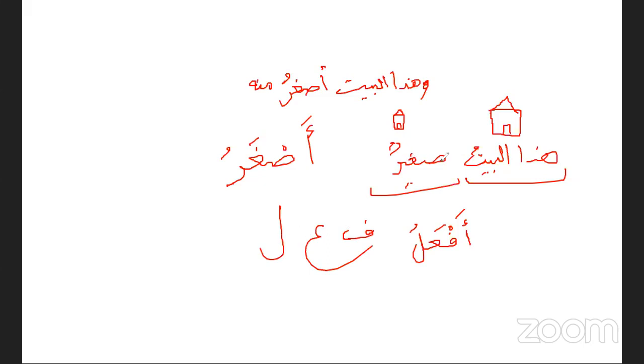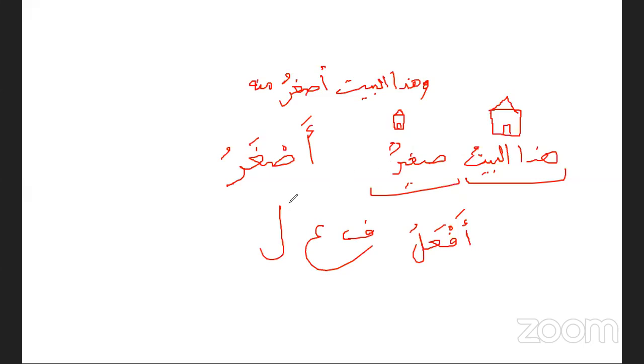So in the case of sad, ghain, and ra, between me and you, we may agree to say the first foundational letter, which is sad, the second, which is ghain, the third, which is ra, or al-harf al-asli al-awwal, al-thani, al-thalith.